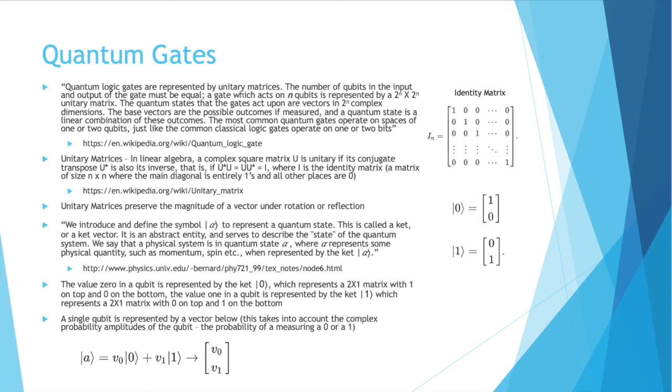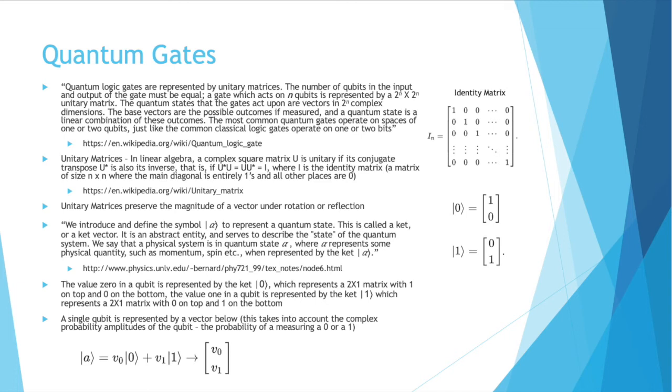So when looking at qubits, the value 0 in a qubit is represented by the ket 0, which represents a 2x1 matrix with 1 on top and 0 on the bottom. The value 1 in a qubit is represented by the ket 1, which represents a 2x1 matrix with 0 on top and 1 on the bottom.